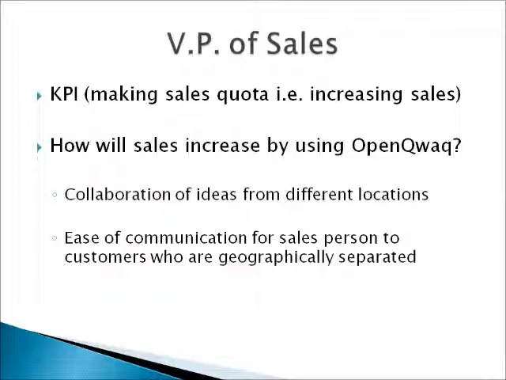For example, if there's a team located in California and there's a team located in Germany, OpenQwaq will be able to bring both of those teams together in a forum that will allow for the collaboration of their ideas, which will better the products that we're offering.